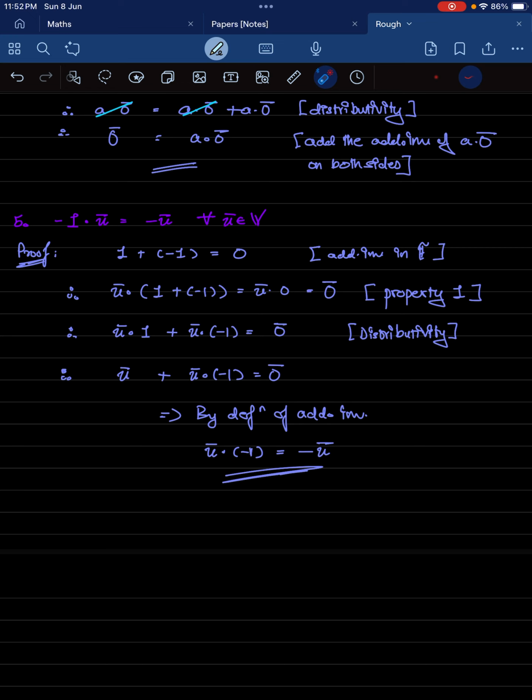That's what we proved before. And now, if I distribute this, then that will become u times 1, again u, and then u times minus 1. That is 0. So by the definition, shouldn't u times minus 1 be the additive inverse of u? Well, obviously it should. And since the additive inverse is also unique, that's what we proved before. Minus 1 times u is minus u.